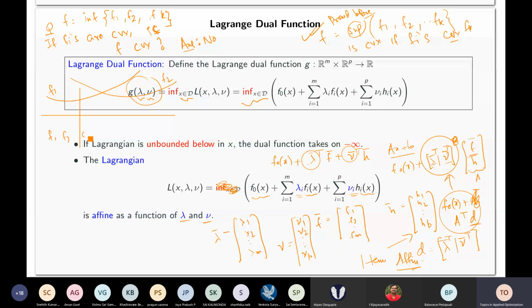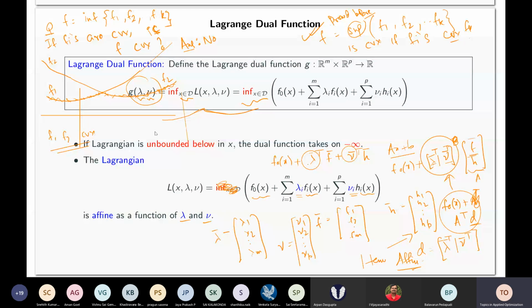And I'm supposed to take the infimum, so the lower value of F1 and F2. Up to here these are lower, and this is the crossing point, and from here onward these are lower. So I have to take these lower values. So the f function in this case will look like this.